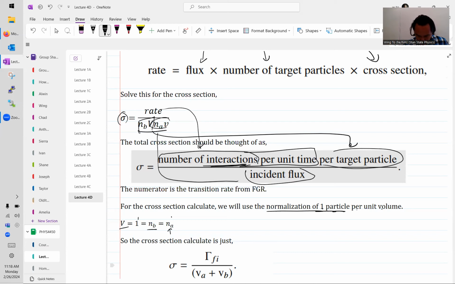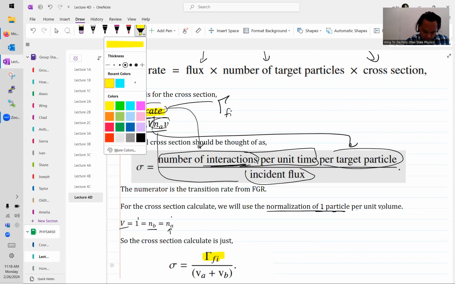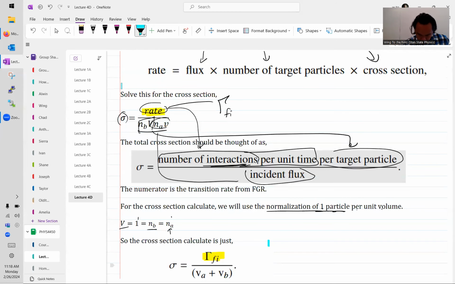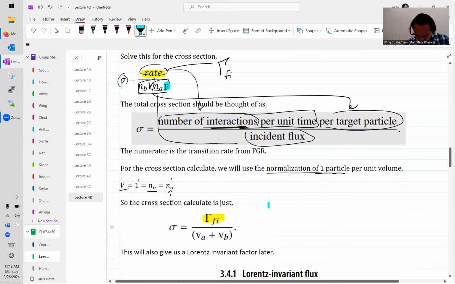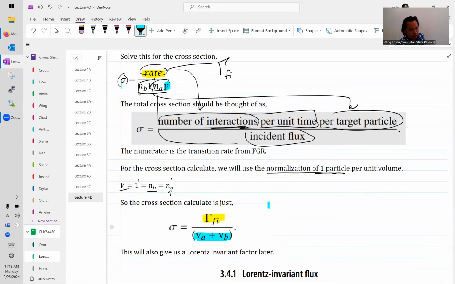Before we jump to the next equation, this rate up here is exactly what gamma Fi is, this transition rate, so we have that on top. Just going to highlight the same stuff on both. And then this V down here is the relative speed between the two particles, and we made everything else equal to 1.